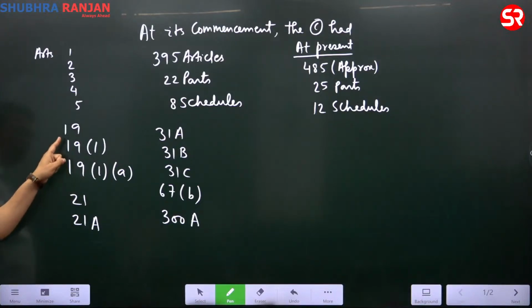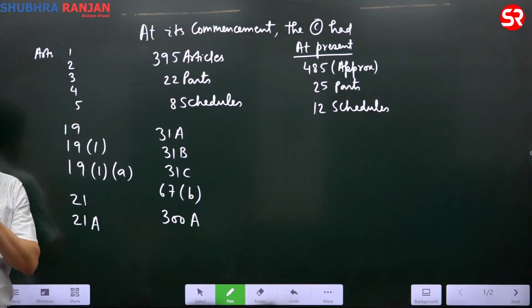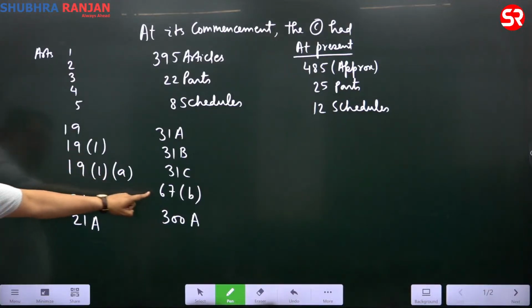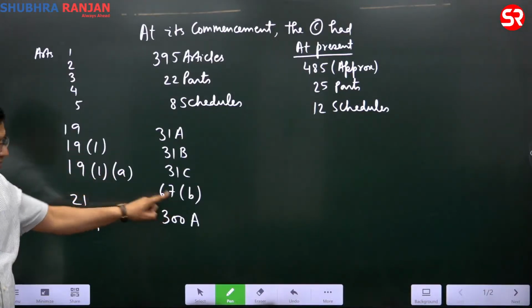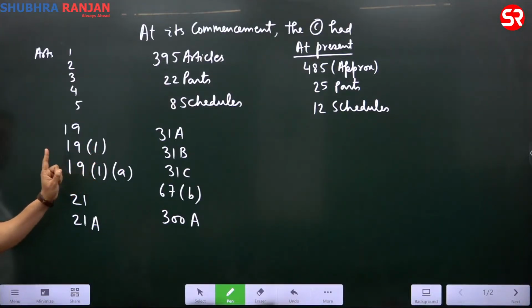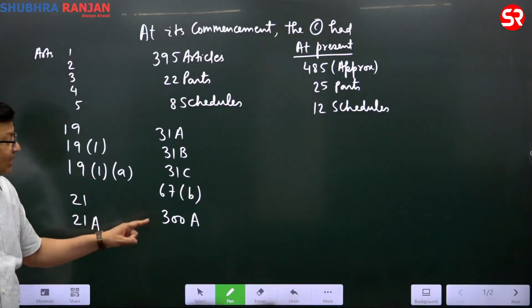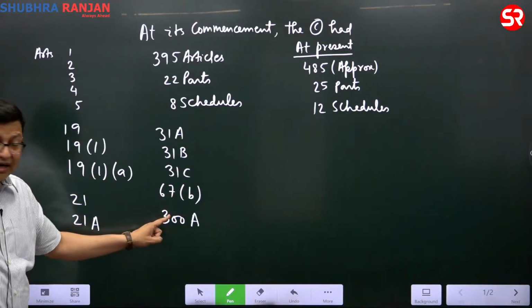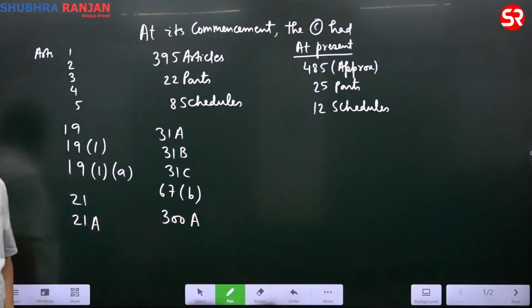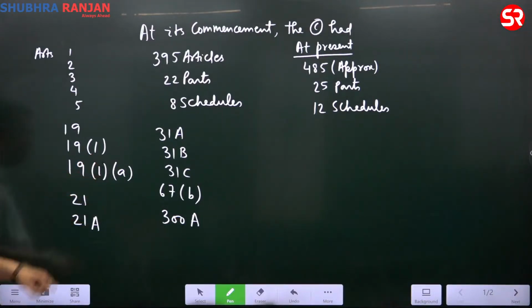Now, some articles contain clauses. Clauses can be written like this or like this. Article 19 clause 1. Or our constitution makers have used this pattern for some articles: article 67 clause B. So if I say article 19 clause 1, it is a part of article number 19.